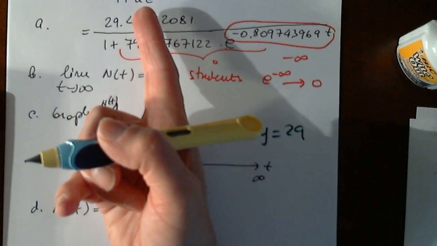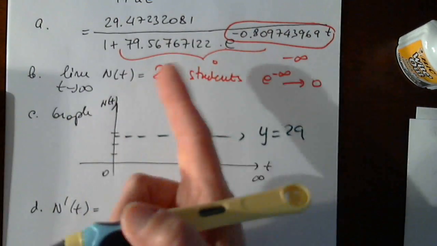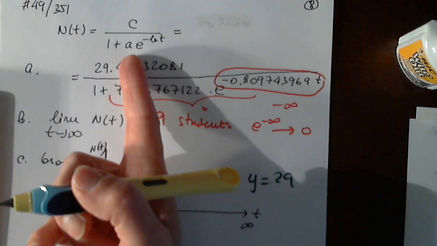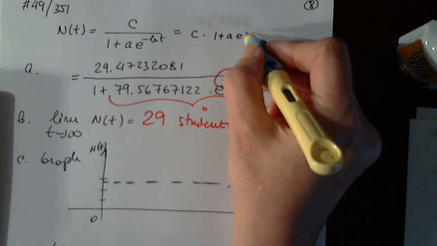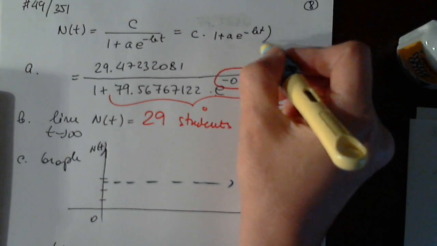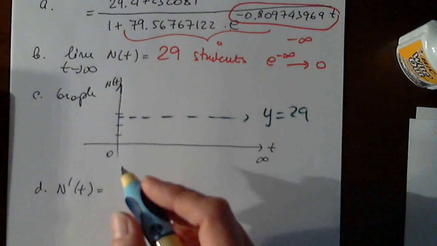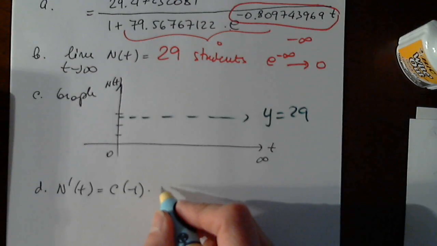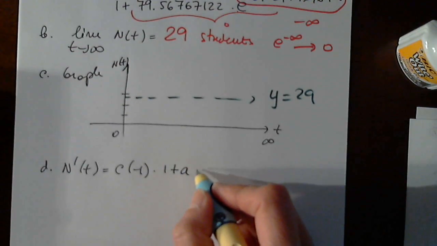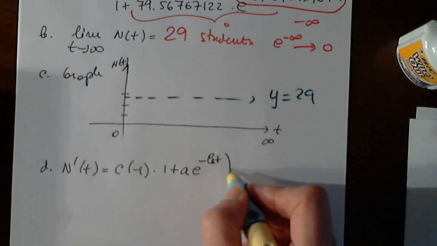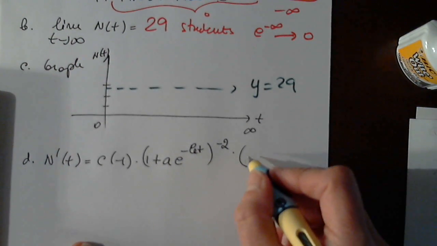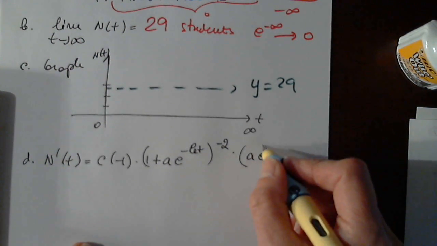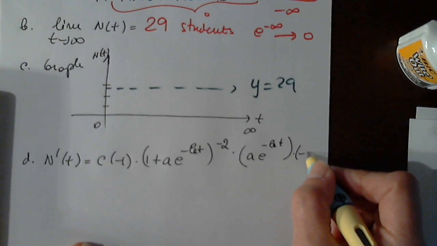Okay, rate of change n prime. I would prefer to differentiate this and then plug in the numbers. So I'm going to change this into C times 1 plus a times e to negative bt raised to negative 1. So C times negative 1 times 1 plus a e to negative bt to negative 2 times the inner function prime, a e to negative bt times negative b.